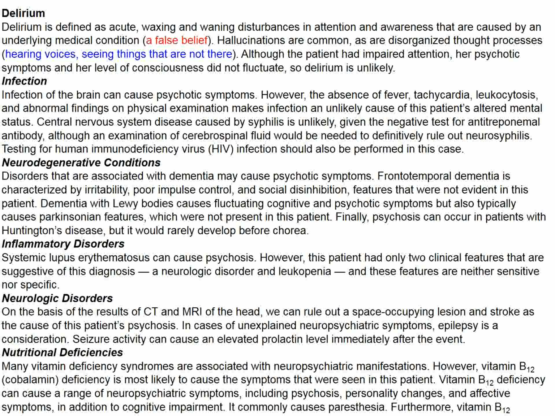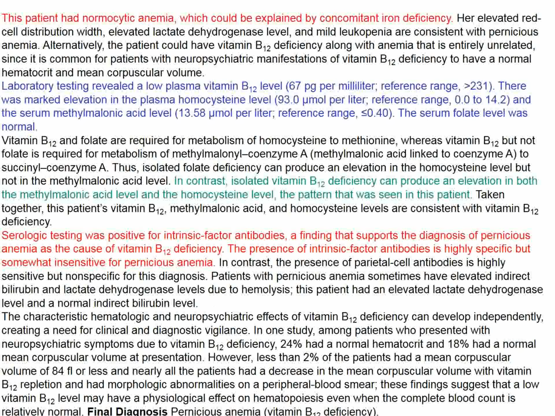So the psychiatrist discusses neurodegenerative conditions, inflammatory disorders, neurological disorders, and also nutritional deficiencies. And it turns out that this patient has a normocytic anemia, not a macrocytic anemia.